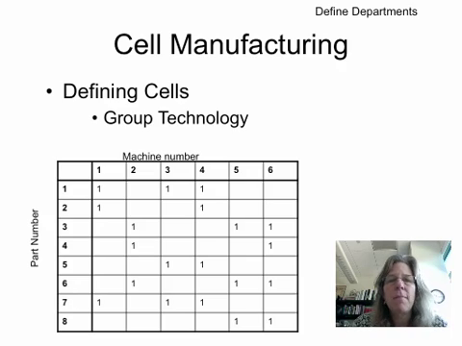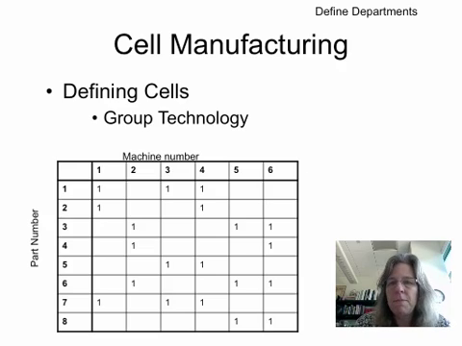It might be a lathe and a mill and a drill, etc. You can see that part 1 is processed on machines 1, 3, and 4, while part 2 is processed on machines 1 and 4. Part 3 is processed on 2, 5, and 6. You can imagine this would be pretty extensive, with many more parts and maybe more machines than this.